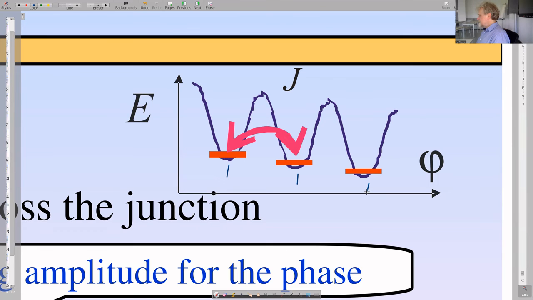All right. Let me construct a Hamiltonian to describe this tunneling. And I also want to include the environment.